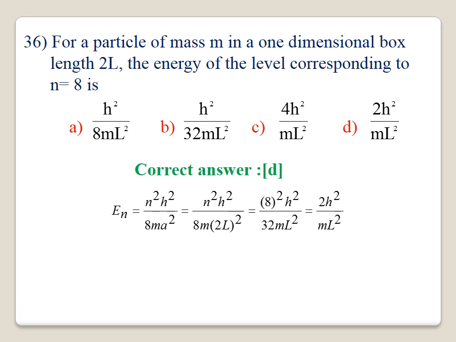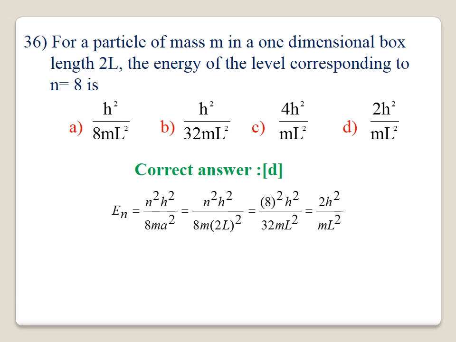You know very well, En will be equal to n square h square by 8m a square, with n equal to 8 and the box length equal to 2L. You substitute it: 8 square h square divided by 8m into 2L square, that will be equal to 64 h square divided by 32 m L square, which will be equal to 2 h square by m L square.